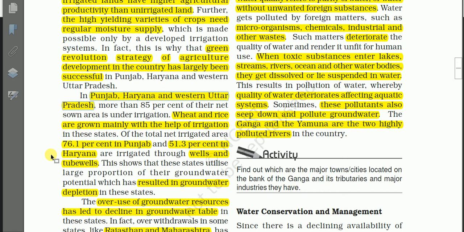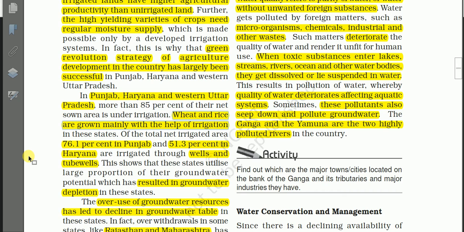So most of the agricultural lands in these states are irrigated, about 85% of their net sown area. Wheat and rice are grown mainly with the help of irrigation in these states of Punjab, Haryana, and western Uttar Pradesh.